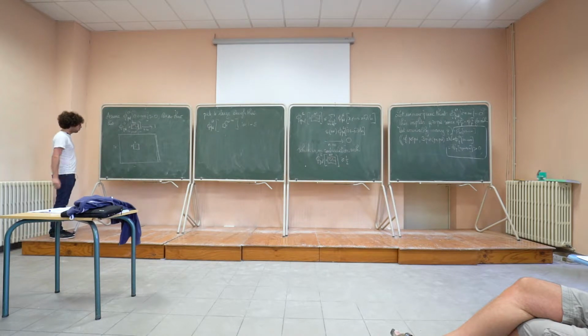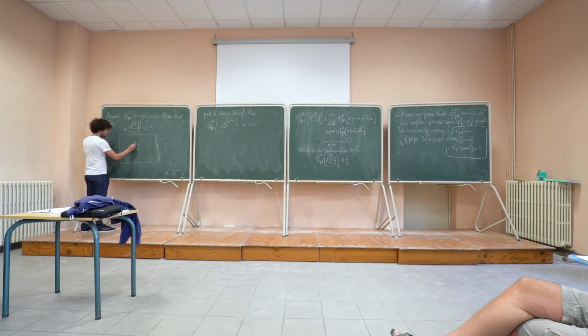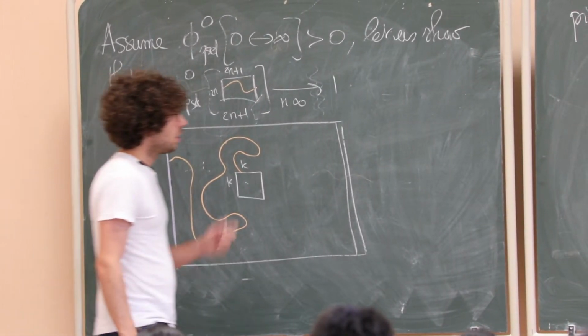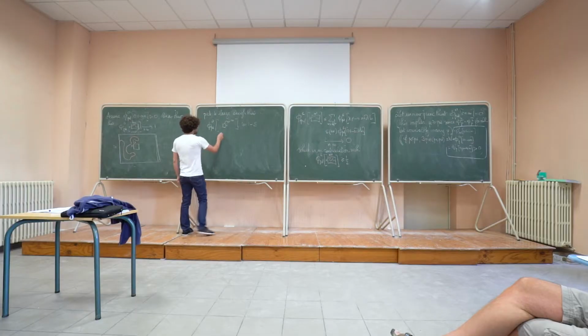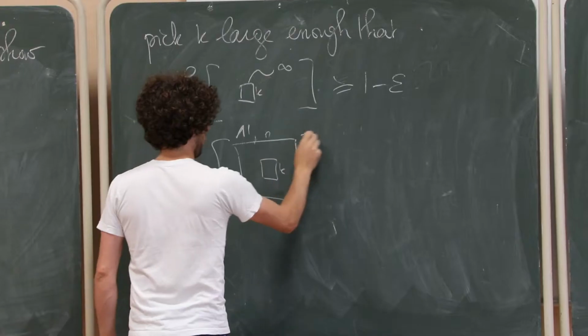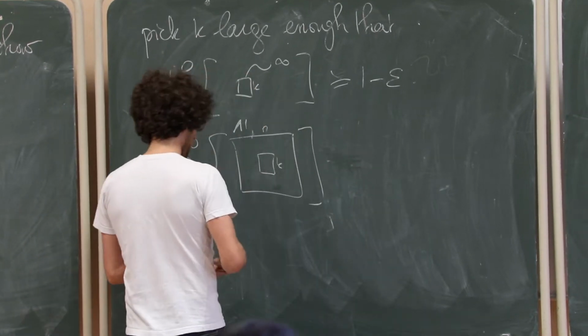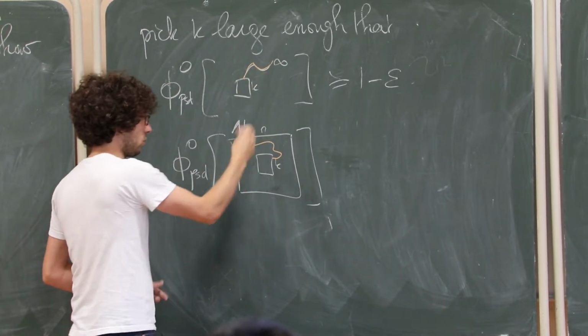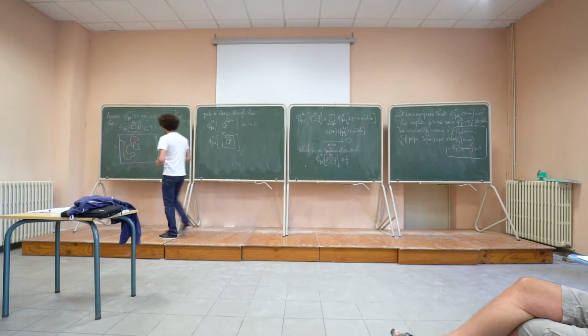So the first thing I want to say is that the probability that there is a path from this box to this side in the square box is big. But notice that if I have that, then a fortiori I have that there is a path from the box of size k to the boundary of my box, or maybe I took a box of size 2n.